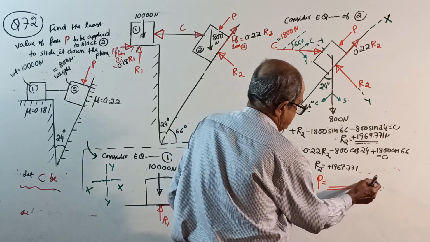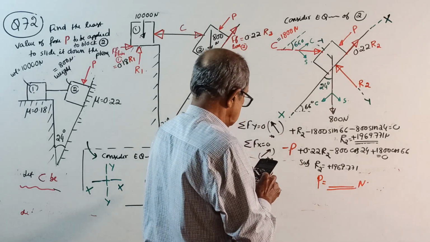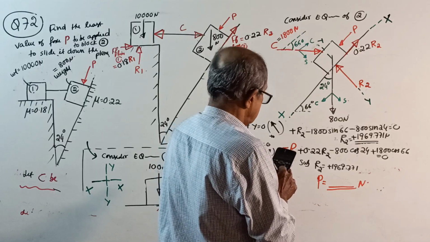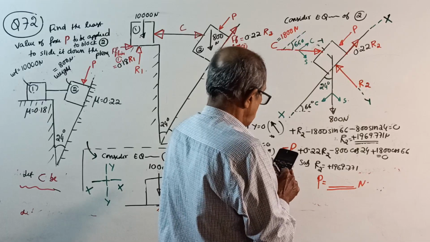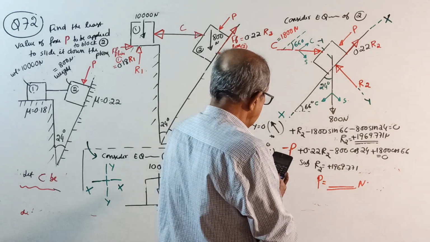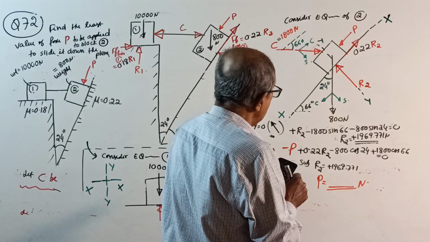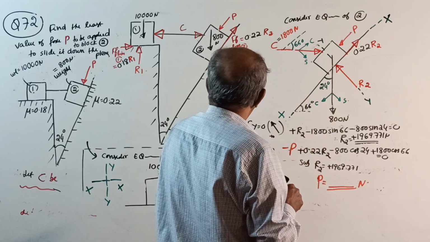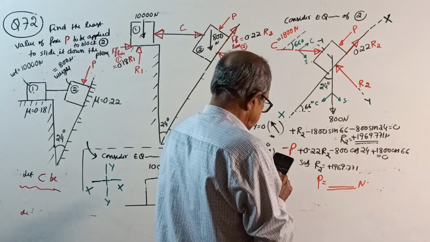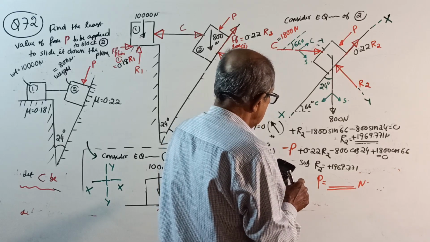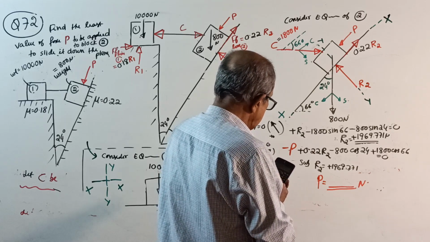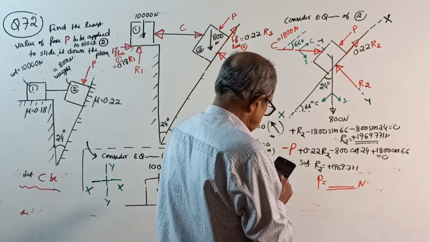P will come in Newton. 0.22 into 1,969.771, then plus 1,800, because 1,800 is compression, into cos 66, these are positive values, minus 800 into cos 24.